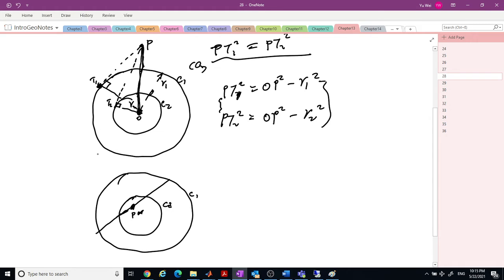Okay, so if P is inside, that means we can pass through P and connect to the center, right?